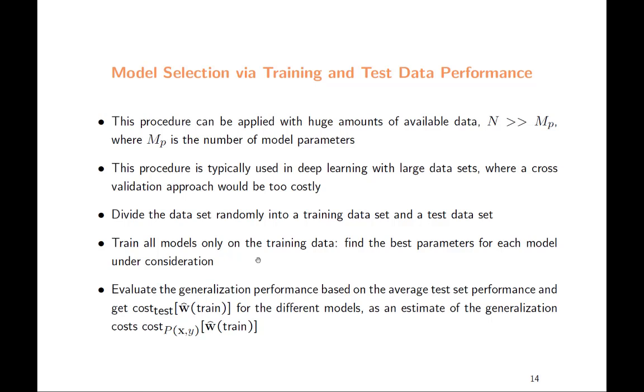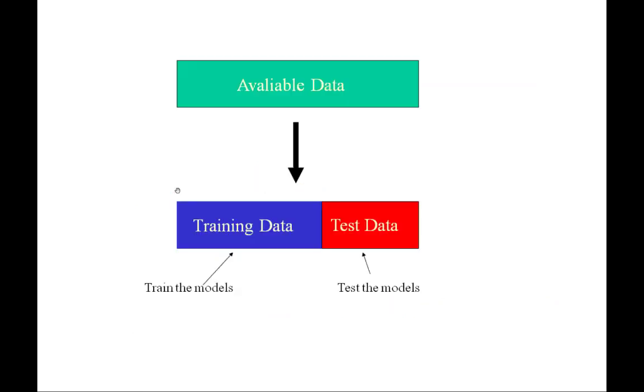This procedure can be applied if we have a huge amount of available data. It's the green rectangle over here. We simply split it into training data and test data and train our model on the training data in any way we want. When we're happy and finished with training our model, we see what the performance is on the test data.